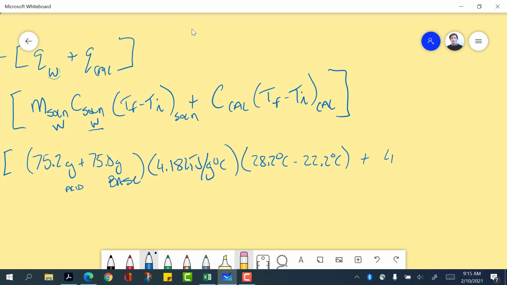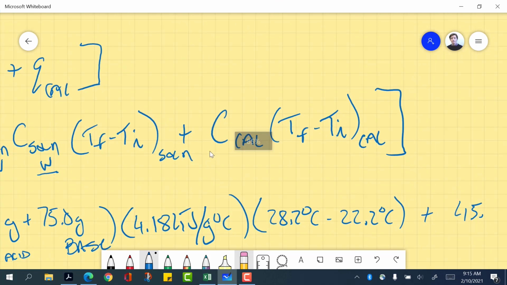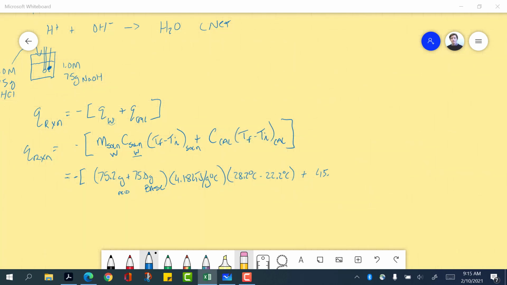Well, that was the 41.5 joules per degree Celsius times the change in temperature, which is the same as the change in temperature of the solution. Close bracket, close there.